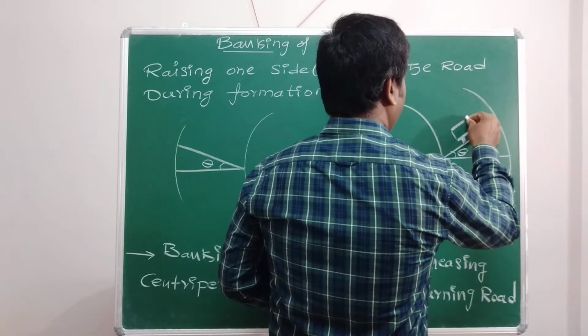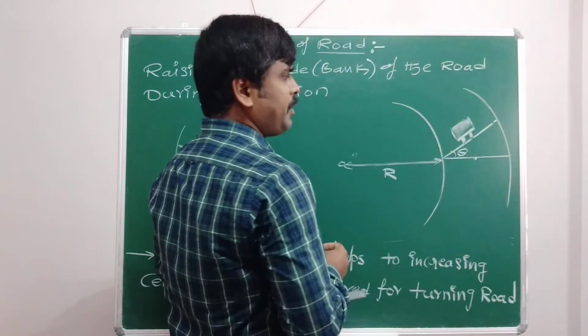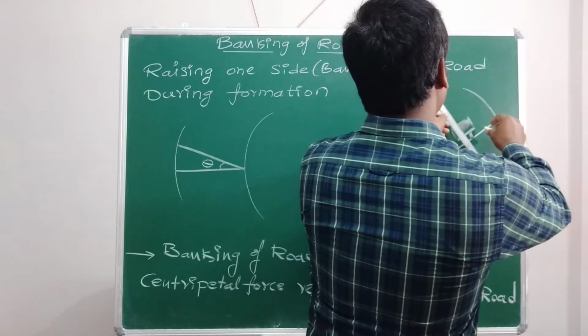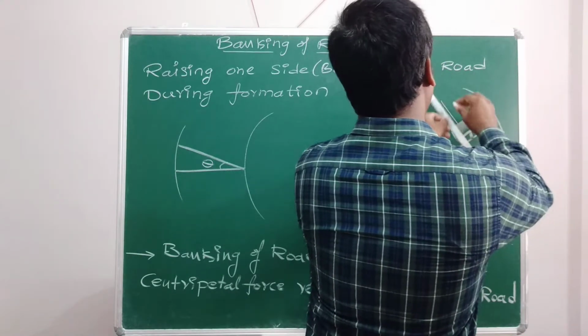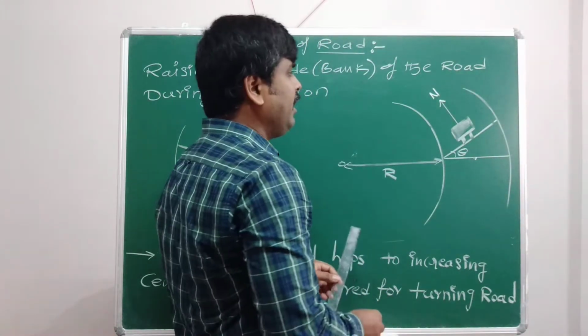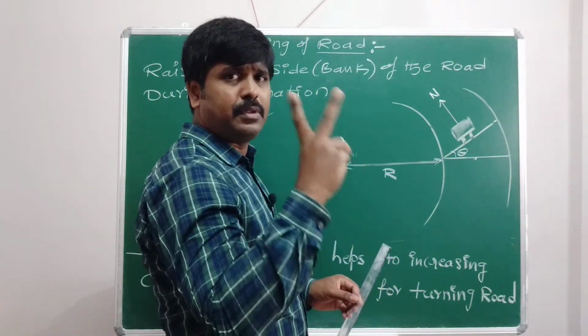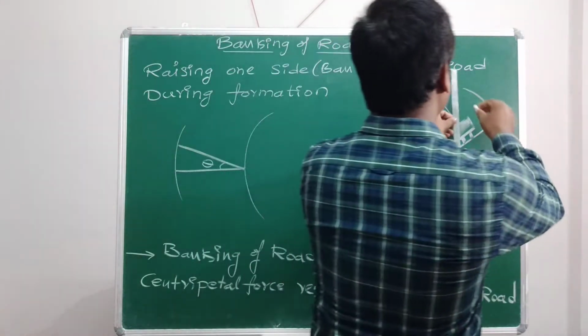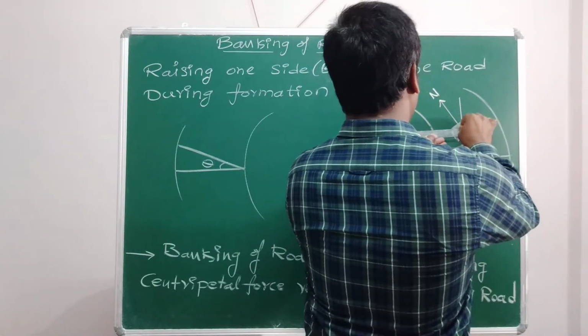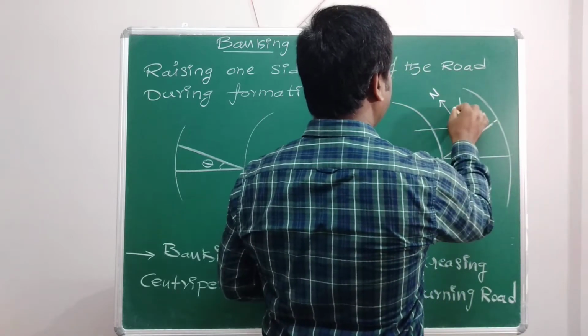Here the normal reaction is always perpendicular to the surface. This is the normal reaction, which is perpendicular to the surface, and it is resolved into two components from the center, making an angle theta.